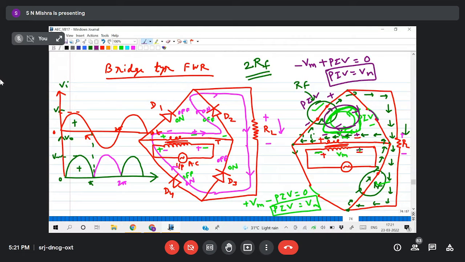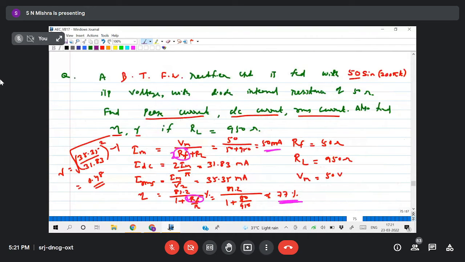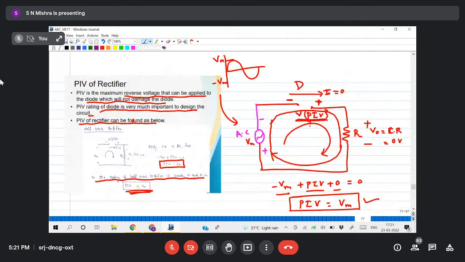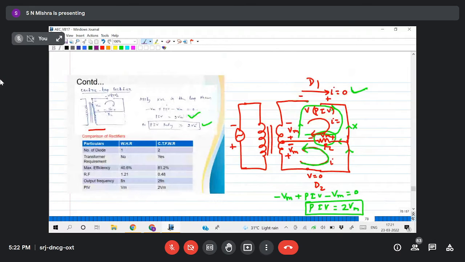Okay. Now, once we know the PIV, let us compare the three types of rectifier here. This is the full wave rectifier. So how many diodes are used in a bridge rectifier? 4. Is a transformer required or not? Not compulsory, not mandatory.